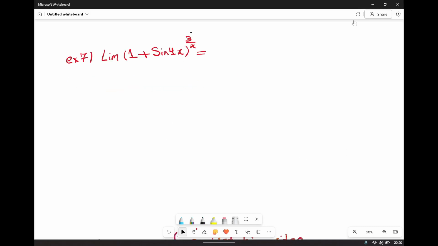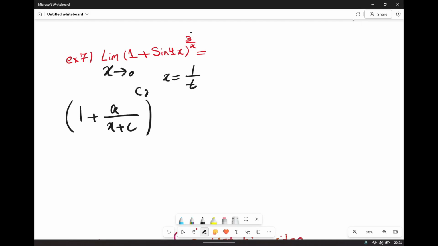But the last question, limit of (1 plus sine 4x) power 3 divided by x when x goes to 0. Before I solve this, I'm going to use a trick. I use x equal 1 divided by t, because I'm going to receive this form, 1 plus a over x, power cx or dx plus something, and the answer is e power r.